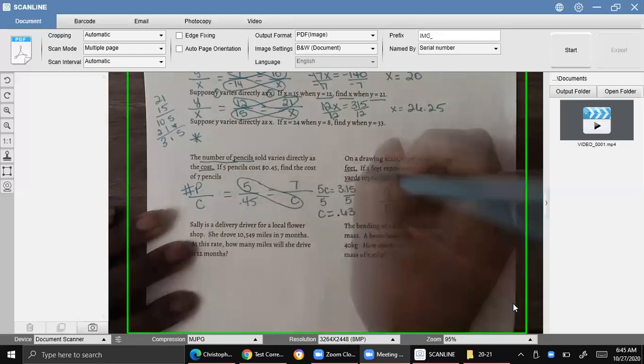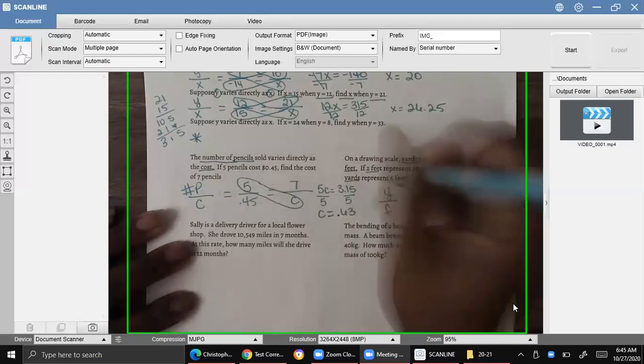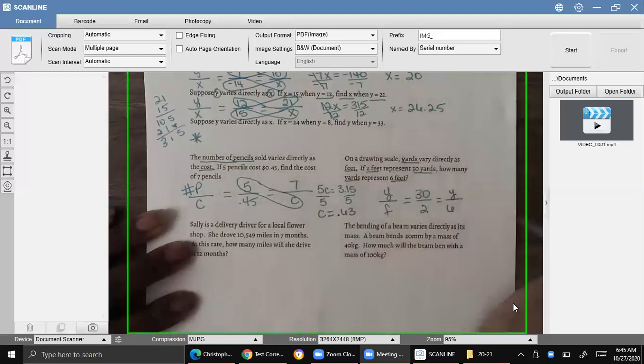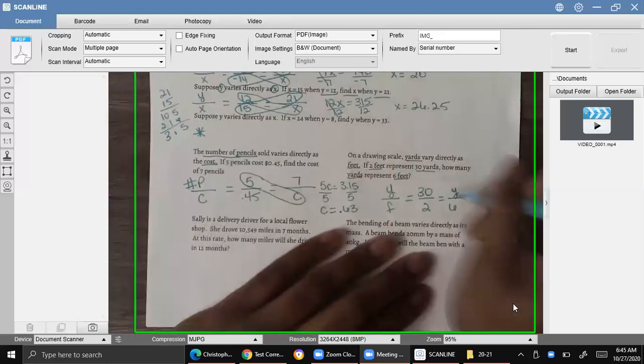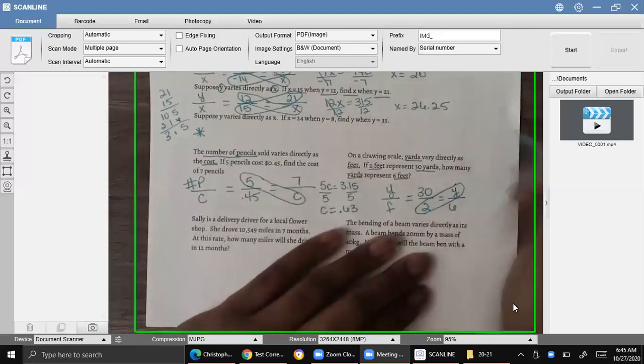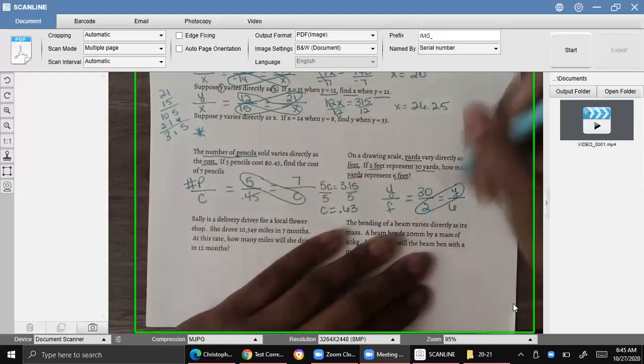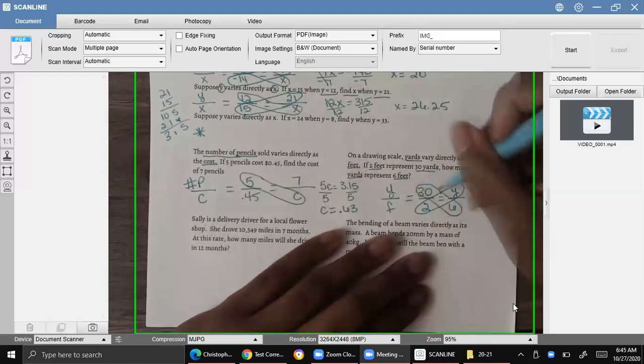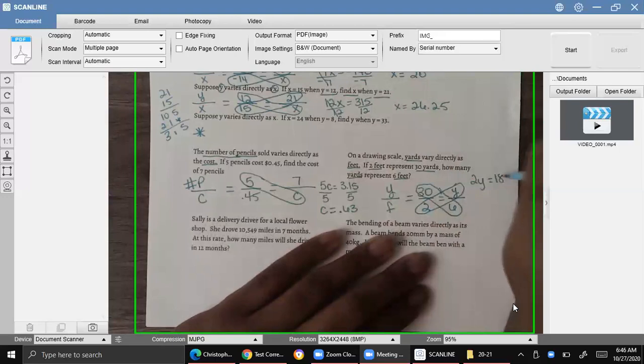How many yards, so we don't know the second yards, represents 6 feet. So then we're going to cross multiply. 2 times y is 2y. And 30 times 6 is 180. I need to divide to get the variable by itself. So divide both sides by 2. And y equals 90.